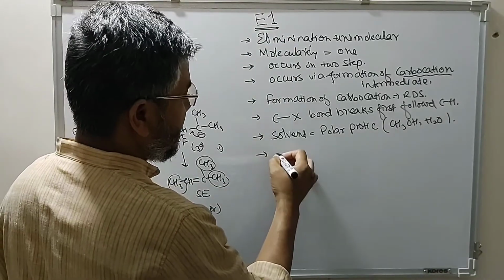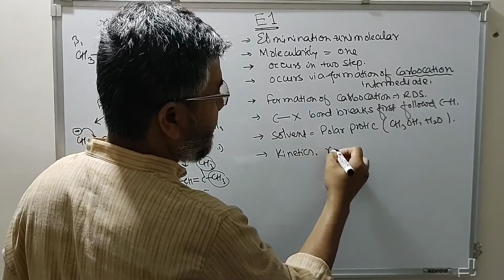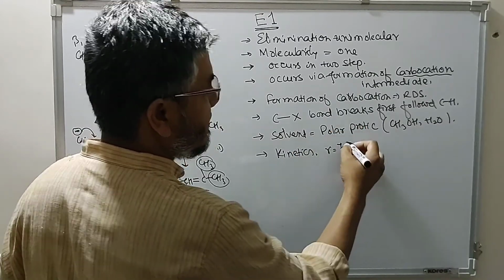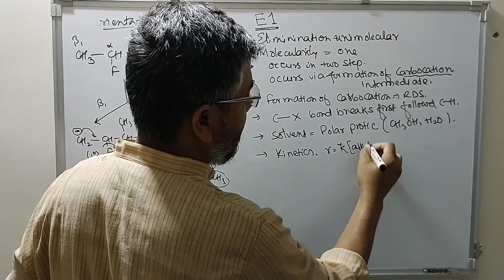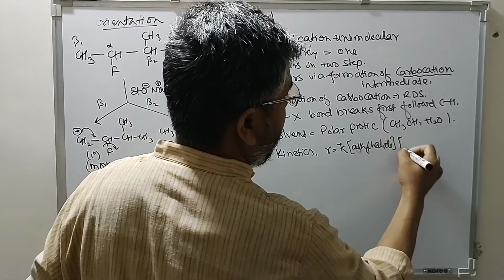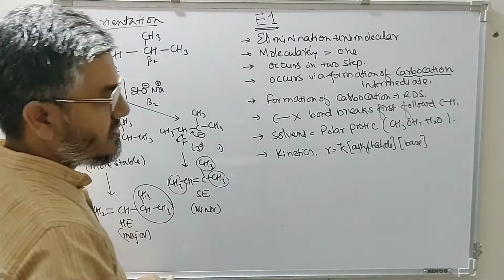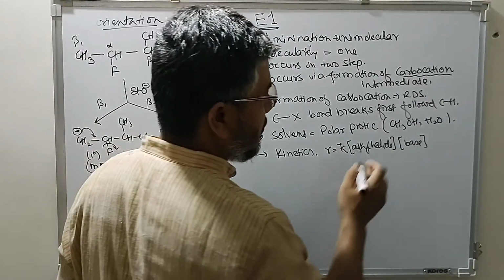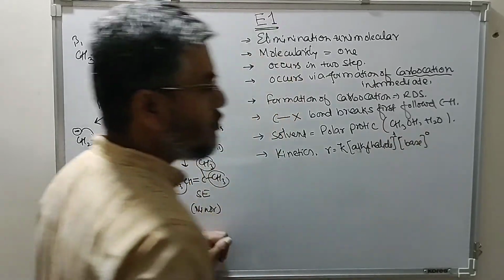Now coming to the kinetics of this reaction, the rate of reaction equals rate constant into the concentration of alkyl halide. So this reaction is first order with respect to alkyl halide and zero order with respect to base.